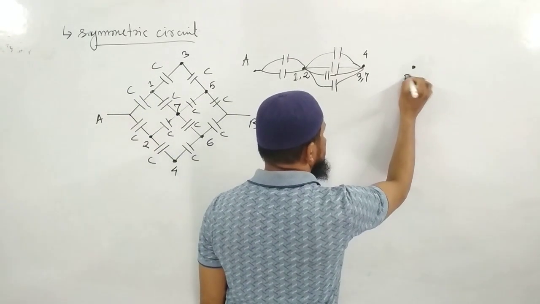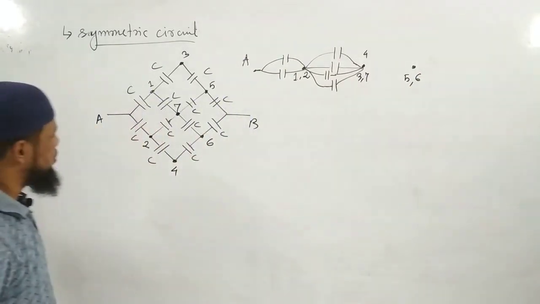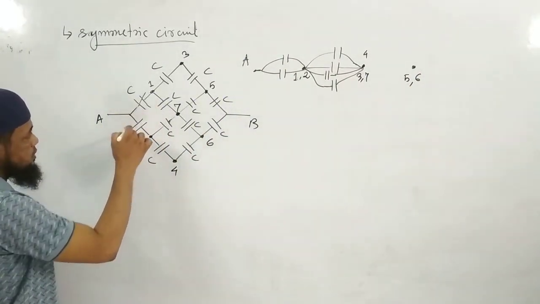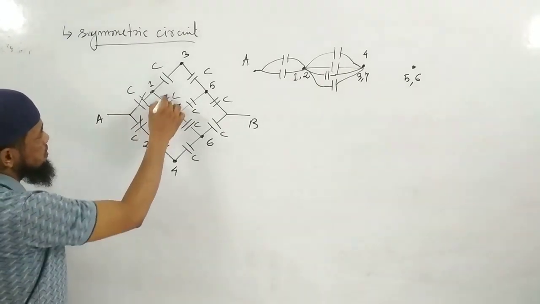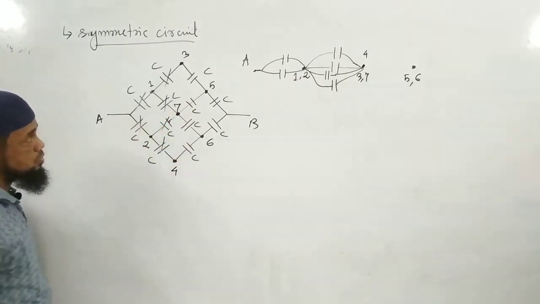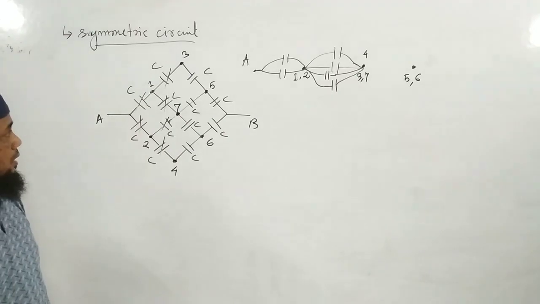Now on the other side, 5 and 6. What is here? 5 and 6. So we have already considered what capacitor. This one we have considered. This one we have considered. This one, this one, this one. These capacitors we have already considered. Okay.